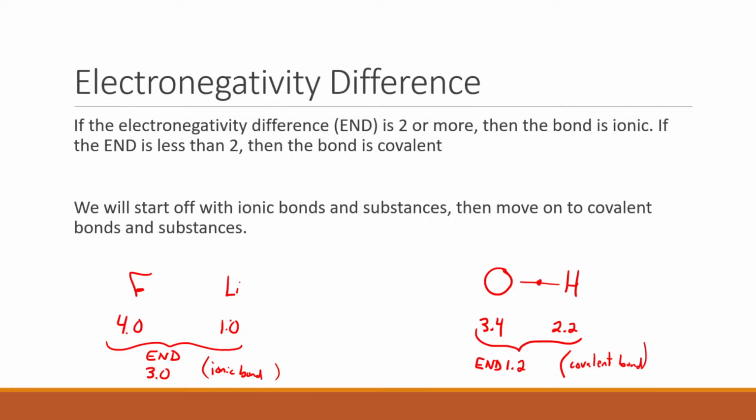But for now, talking about electronegativity difference, we're comparing these values that we know off reference table S, finding out the difference between them, and seeing how that relates to the strength and sharing versus taking of electrons.